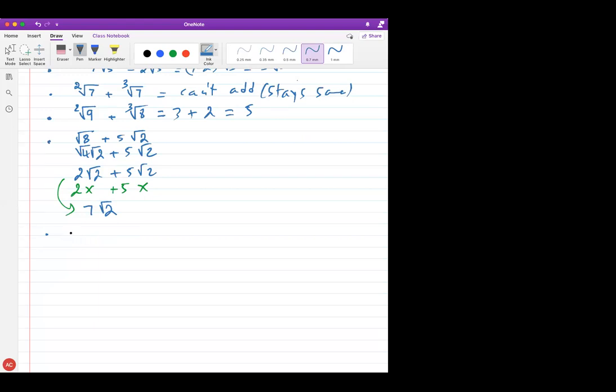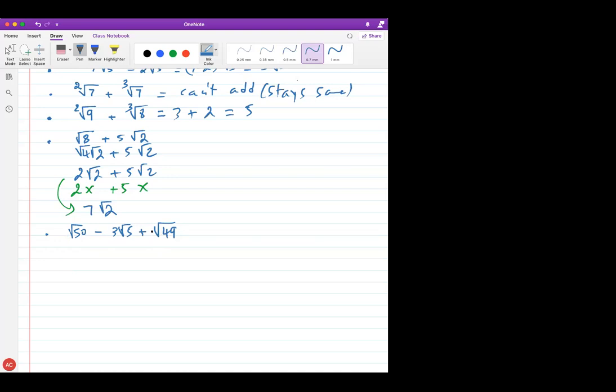Let's take a look at another example, maybe with multiple. Okay, so square root of 15 minus 3 radical 5 plus radical 45.